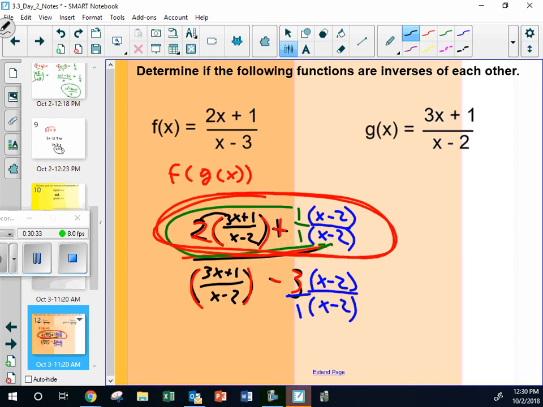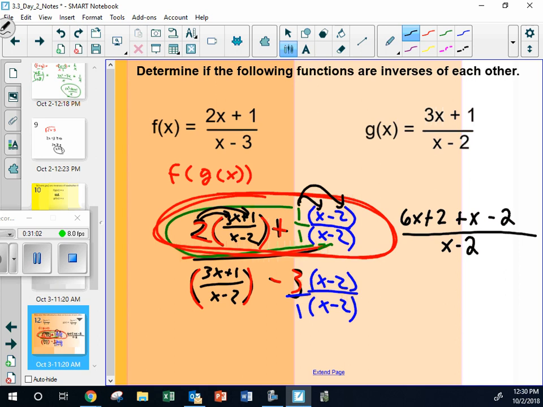I heard somebody say distribute the 2. You're absolutely right. And then you get 6x plus 2 on the top. I knew that the common denominator is x minus 2. I know that that's the denominator for this whole top. And now I'm going to multiply this out, and I get plus x minus 2.